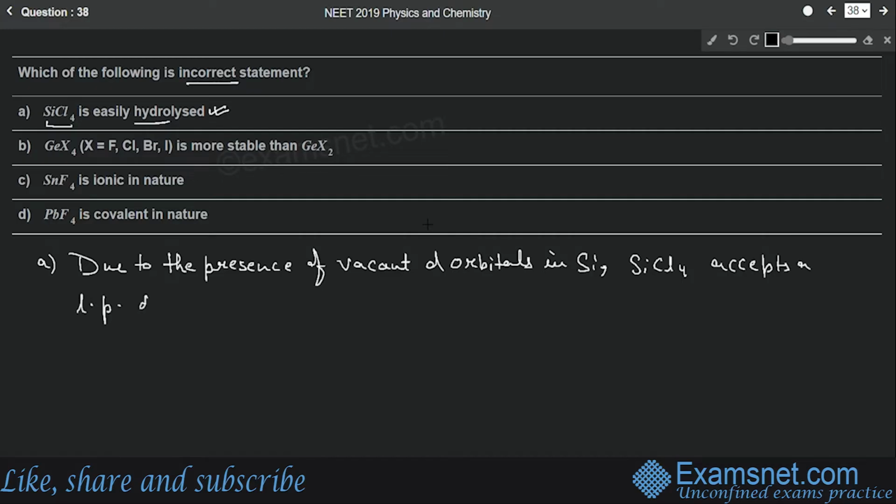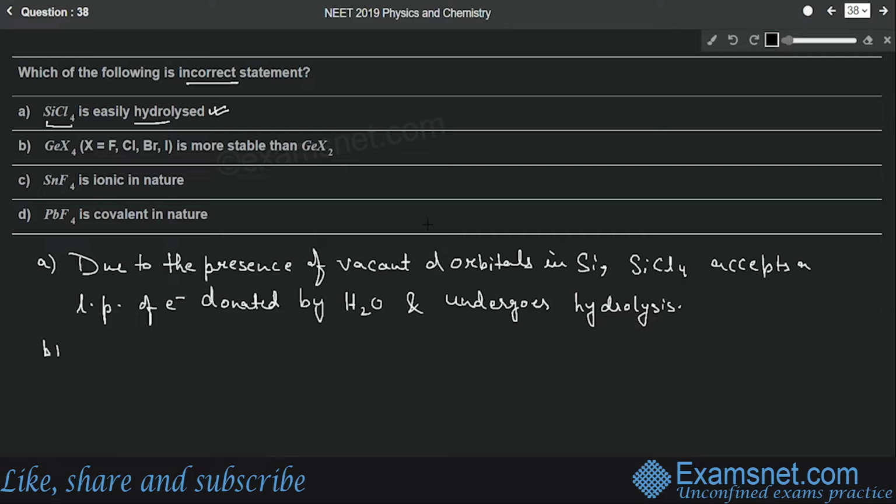Lone pair of electrons donated by water molecule, right? Water molecule. And therefore, it will undergo hydrolysis. And it undergoes hydrolysis. Therefore, this statement is correct.